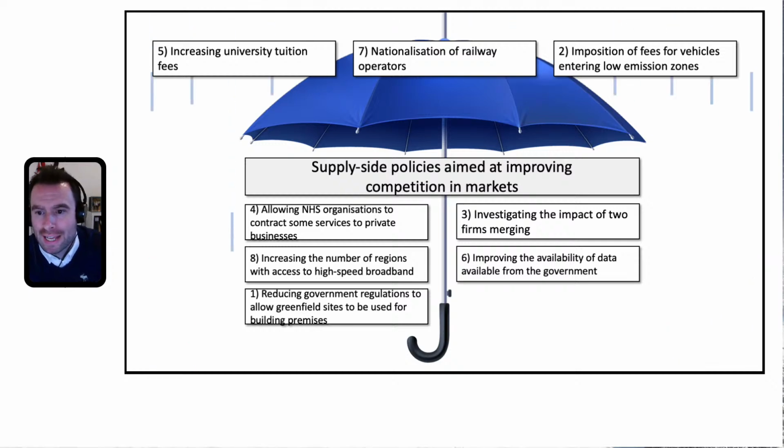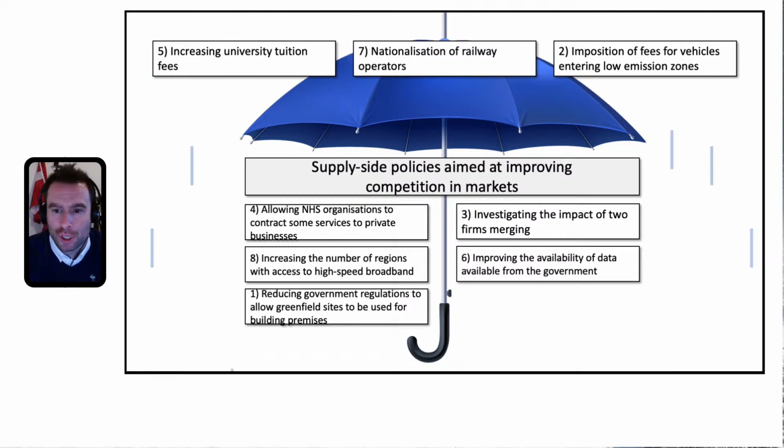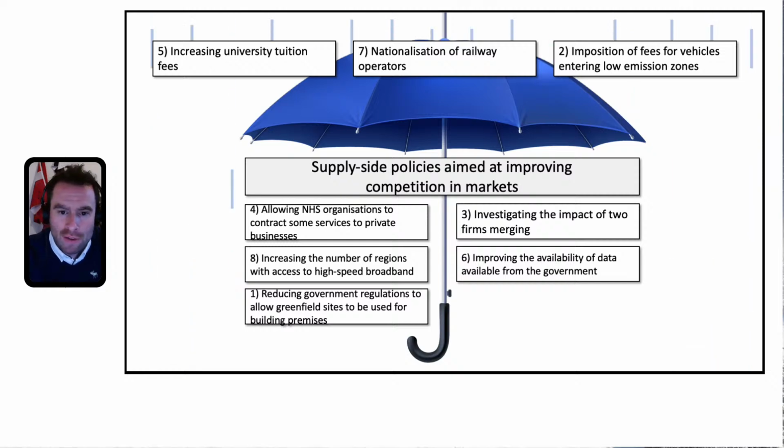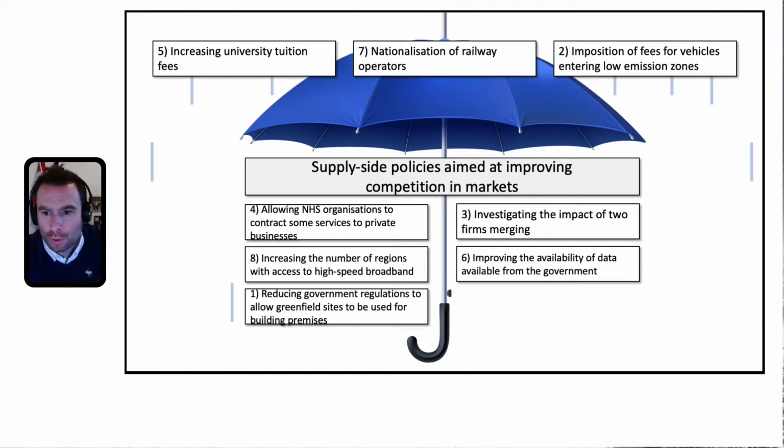Number 4, allowing NHS organisations to contract some services to private business. So what we mean by this one is that there are elements of some organisations in the NHS that can be contracted out to the private sector, and the work can be done outside of the NHS, and various organisations might bid for that work, and they've got to try and prove that they can do it most efficiently at lowest cost.